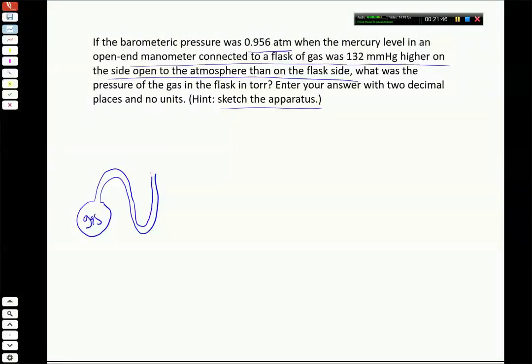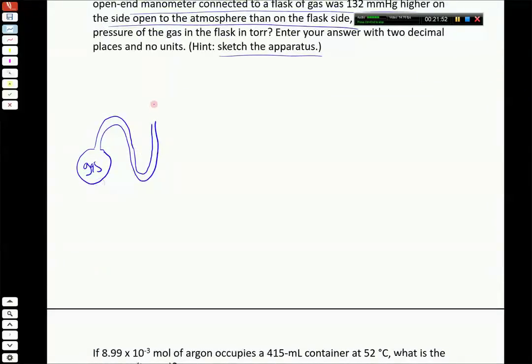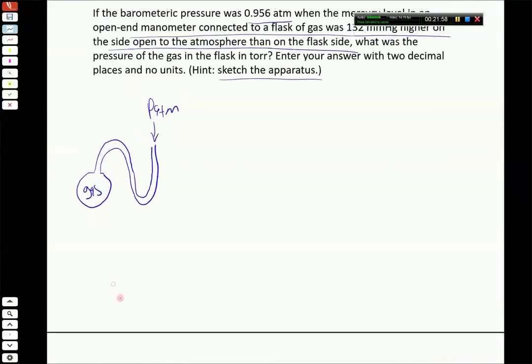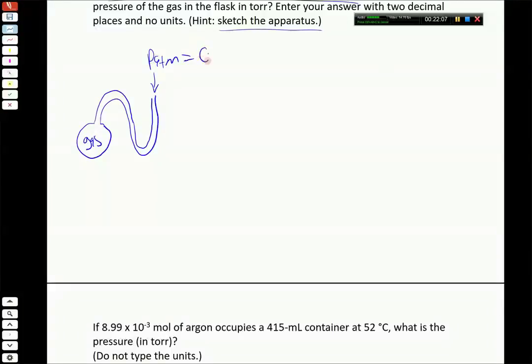Okay, so we have this U-shaped tube, the gas is in here, and on the other side is going to be atmospheric pressure pushing down because it's an open-ended manometer, so the other end is open to the atmosphere. And we're told here that the atmospheric pressure, which is also referred to as the barometric pressure, is 0.956 atmospheres.